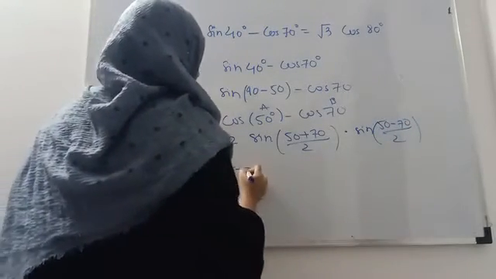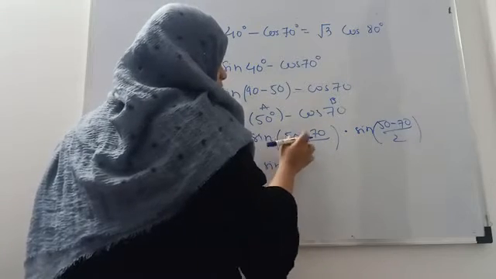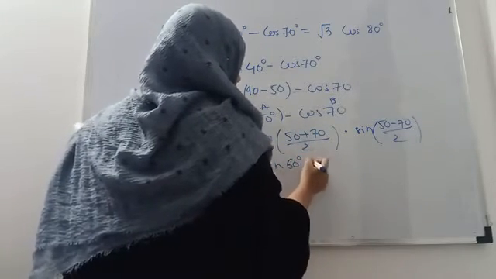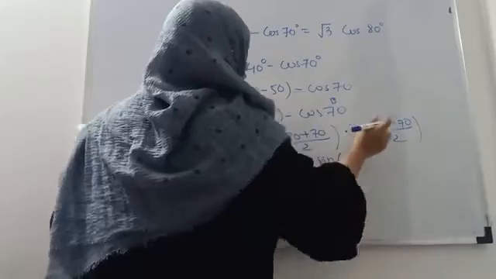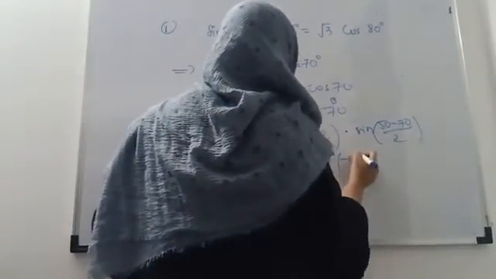So this is minus 2 sin 60 into sin of minus 20 upon 2, that is minus 10.